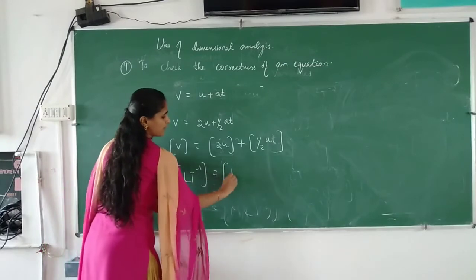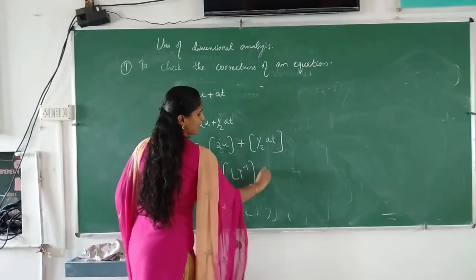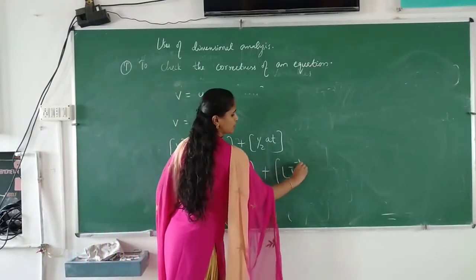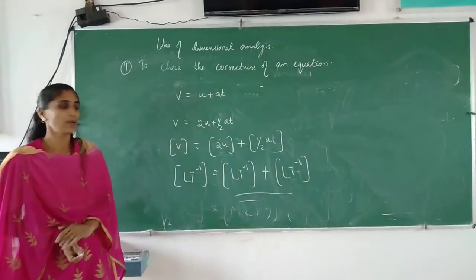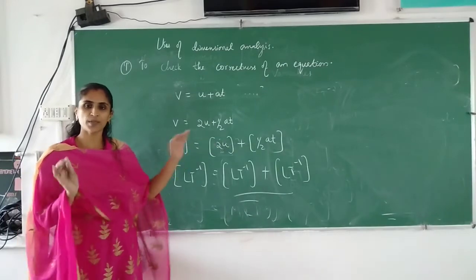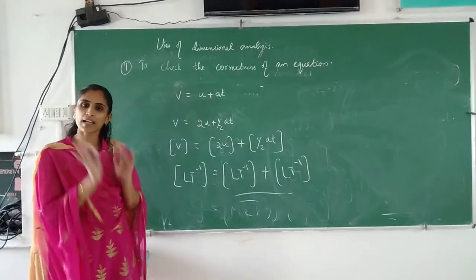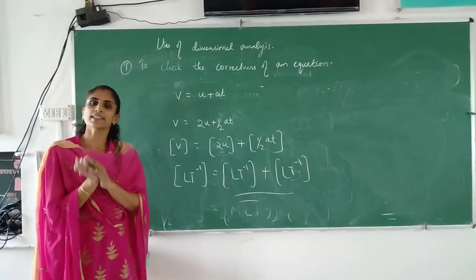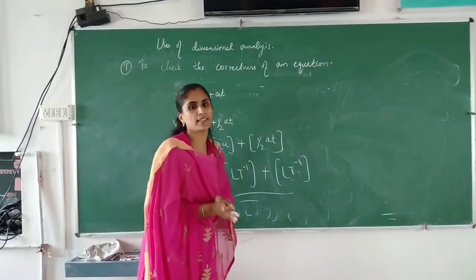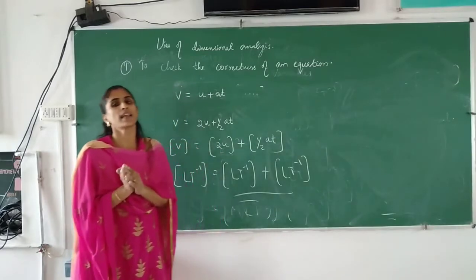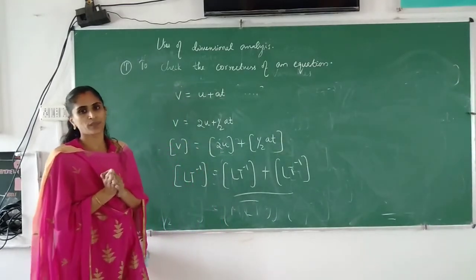Here again the numerical factors have no dimension, we need not worry, and again you will get L T to the power minus 1. So each term gives the same dimension, but this is not the actual equation. That's why I told you a dimensionally correct equation has a chance of existence, but a dimensionally wrong equation has no chance of its existence. Okay? Is it clear?